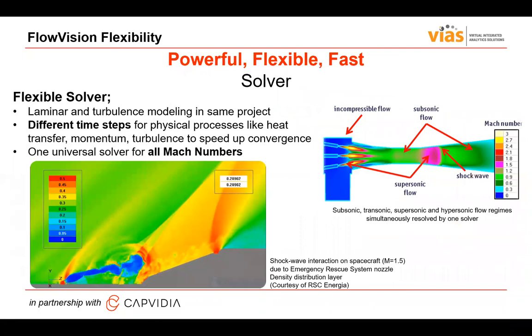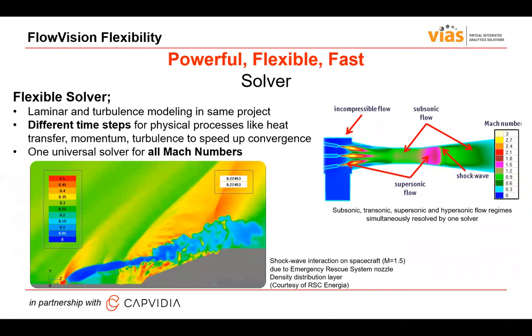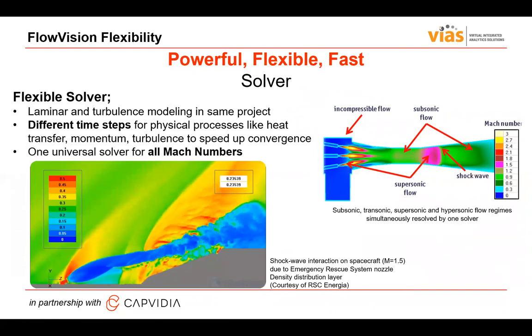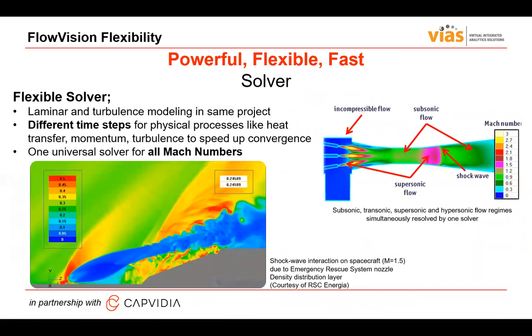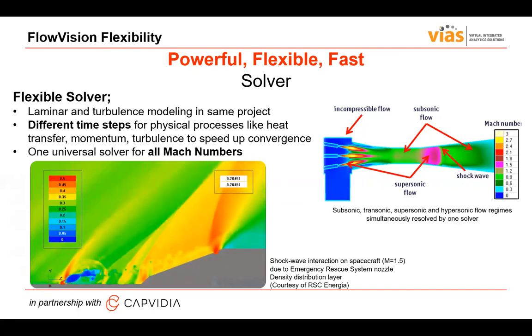Then a few words about the solver and also the flexibilities it brings. In a CFD project or a FSI project using FlowVision, you can have laminar and turbulence modeling in the same project in different regions of the domain. That's obvious.